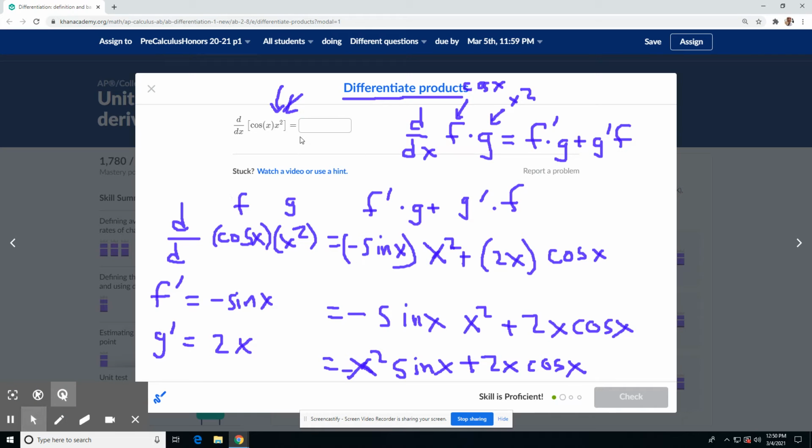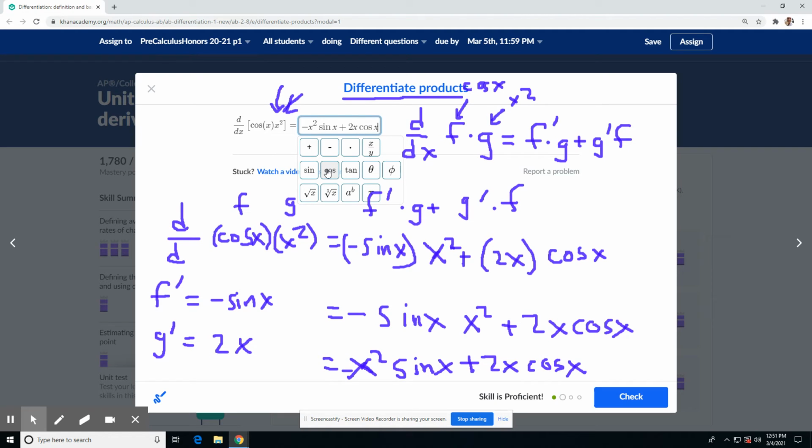Let's see how we did. So negative x squared times sine x plus 2x cosine x.